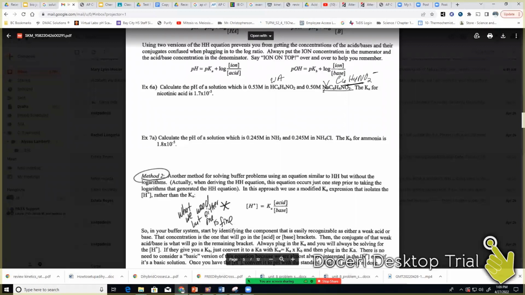So for an acid, that's going to be the anion or the negative ion. So this C6H4NO2 minus, if I put that in water, then I'm going to end up getting back my weak acid and some hydroxide.